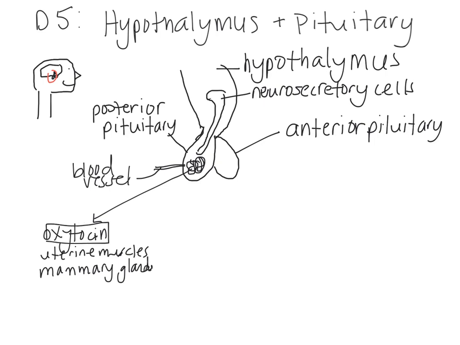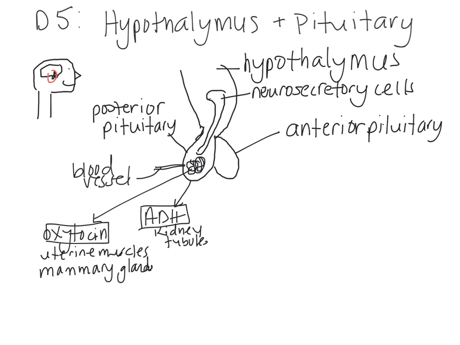The other one that you should probably know is called ADH, antidiuretic hormone, and you know this one. This is what makes the kidney tubules more or less permeable to water. So it decides how much water in the filtrate needs to be reabsorbed back into the bloodstream and conserved rather than being passed on as urine.